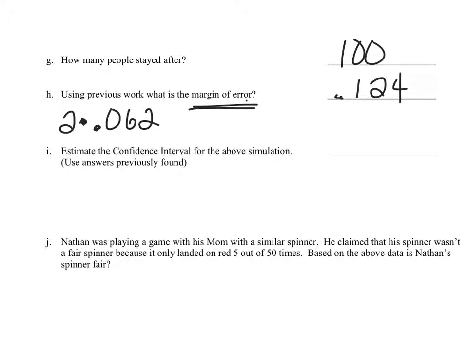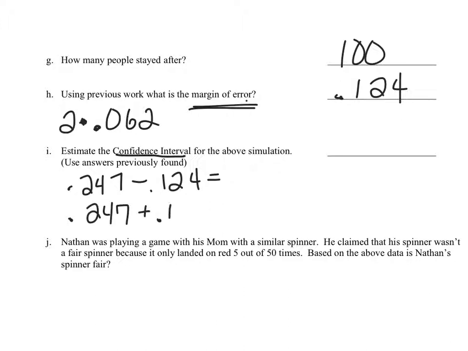Estimate the confidence interval. So my mean is 0.247. I'm going to subtract 0.124 to get the first part of the interval, and then I'm going to add 0.124 to get the other.